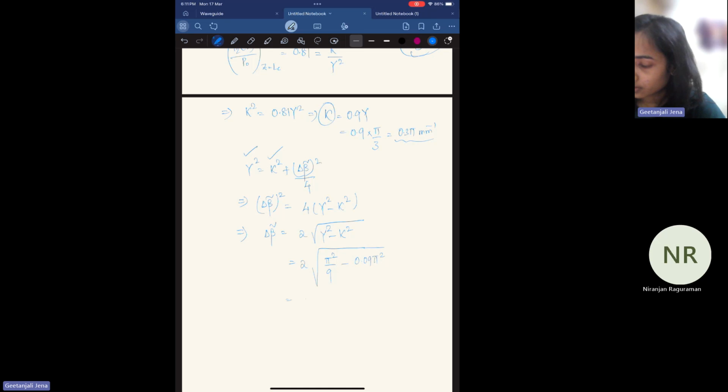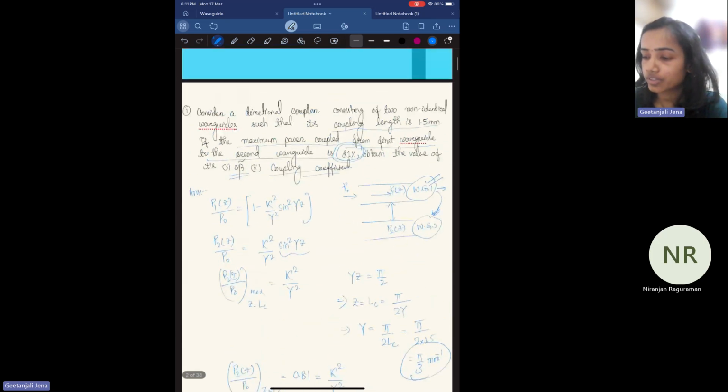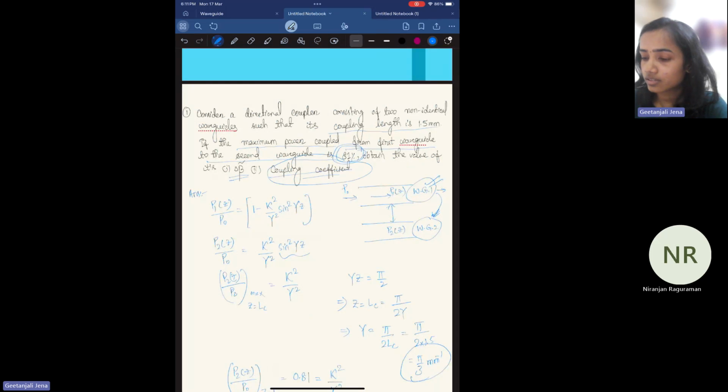This will give 2 pi square root 1 by 9 minus 9 by 100, and this will give 0.29 pi millimeter inverse. So delta beta, we got it is 0.29 millimeter inverse, and the value of coupling coefficient is 0.35. So this we can calculate using this.